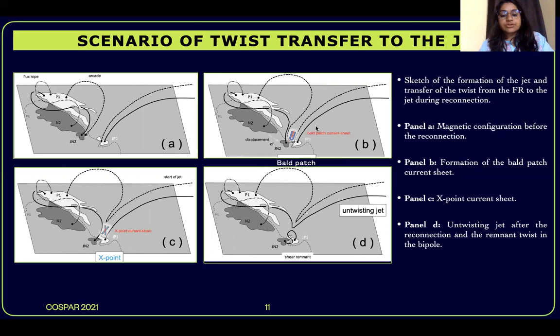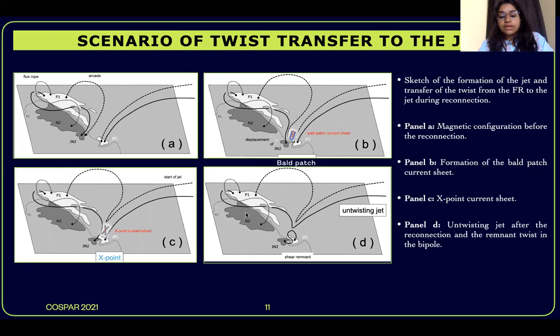This bald patch current sheet can be converted into a null point after some time, and this null point is heated at all temperatures, and because of it the jet is expanding in the westward direction. Here in panel C, we propose that the dark material was embedded in the bald patch region, and its presence is also evidenced in the IRIS spectrum with the blue and red shift.